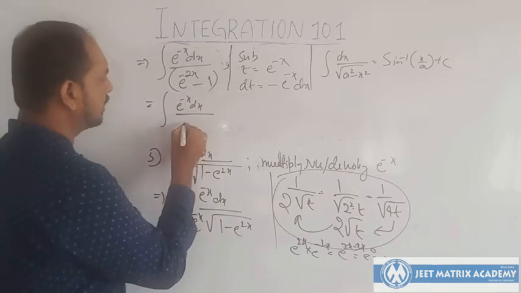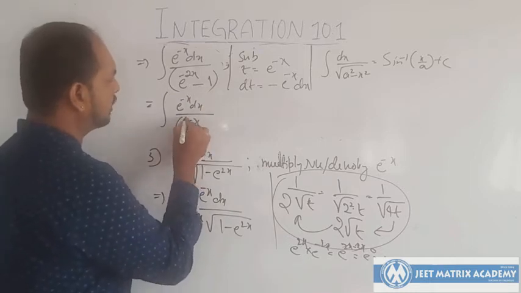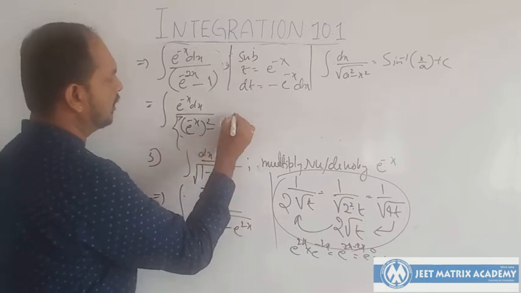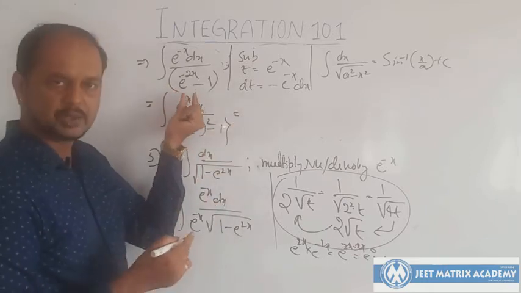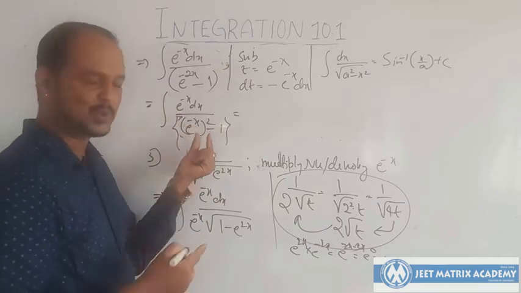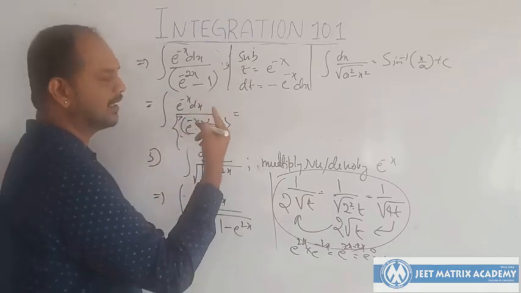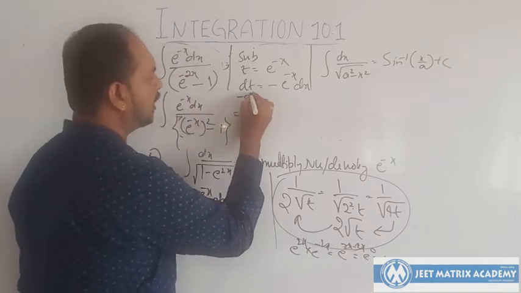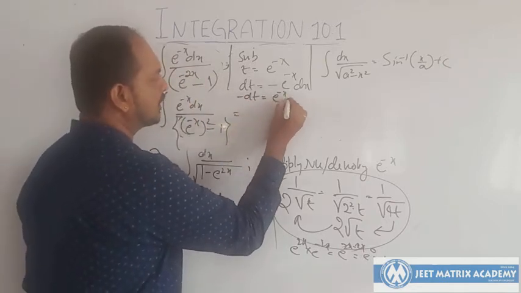This I could write as e to the power minus x whole squared minus 1. Am I right? E to the power minus 2x is equal to e to the power minus x whole squared. Now it will be easy. So here there is a minus sign, so better you write minus dt equal to e to the power minus x dx.